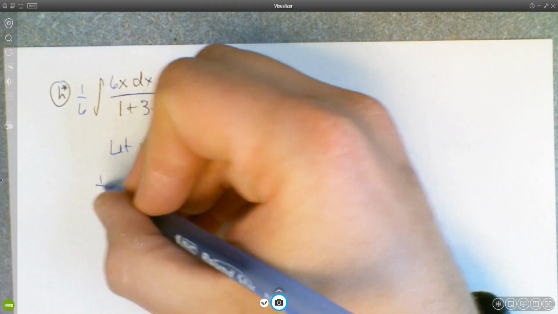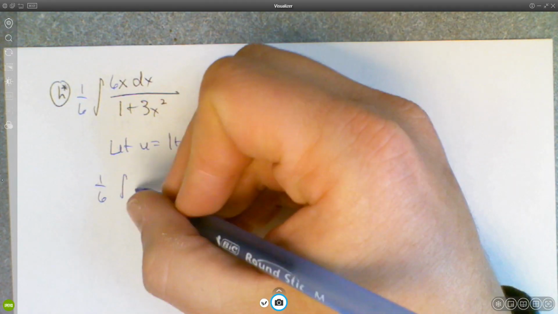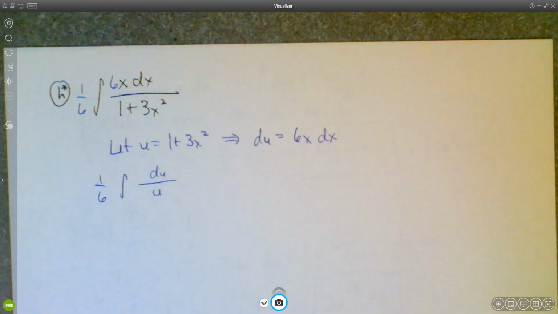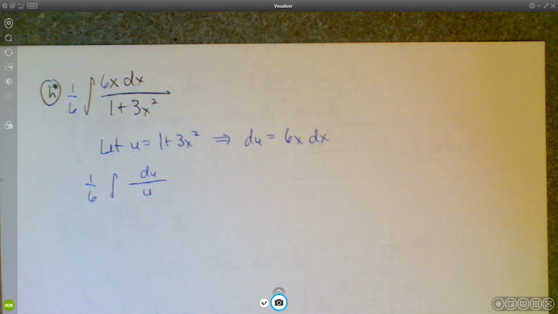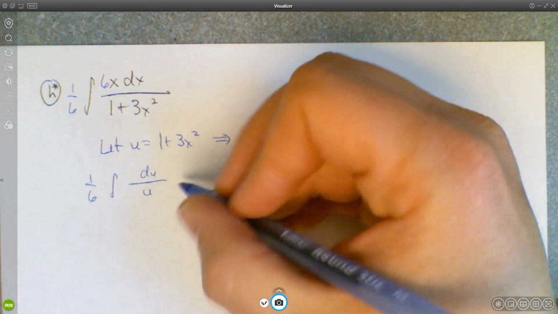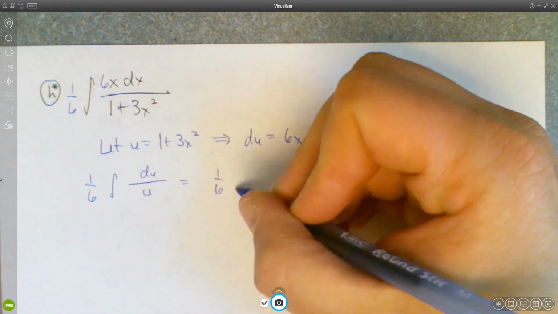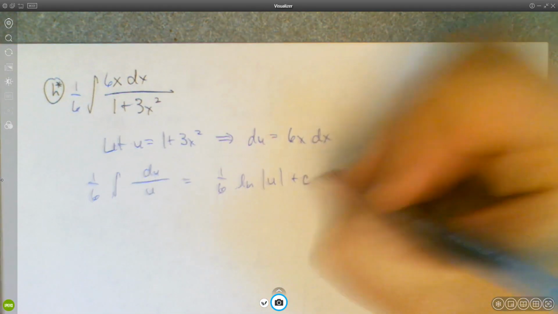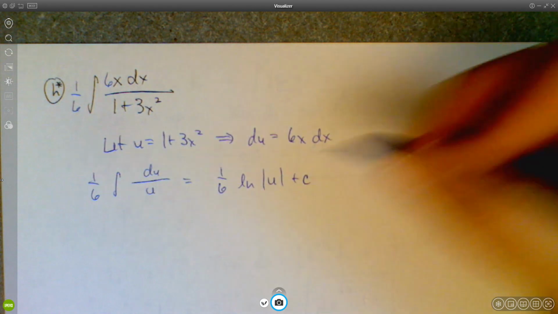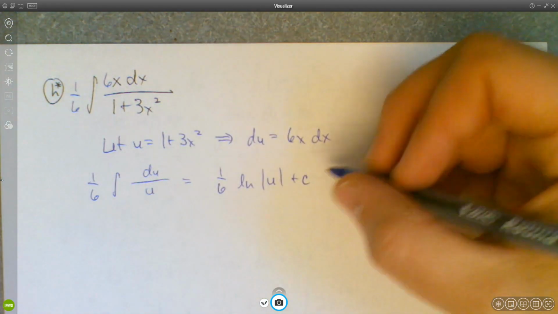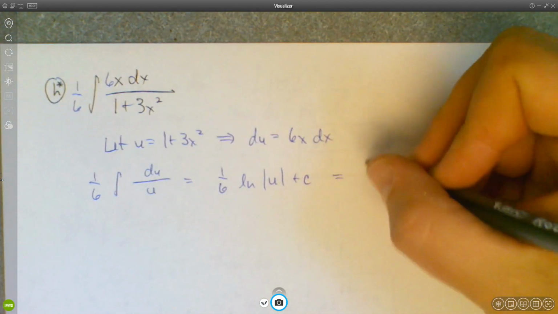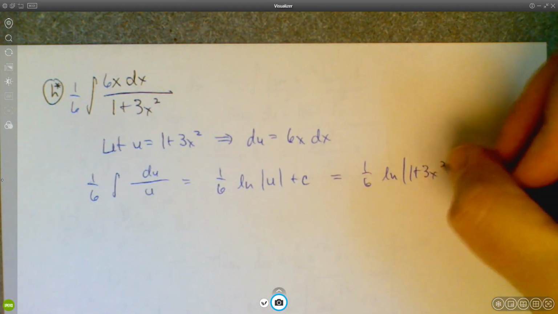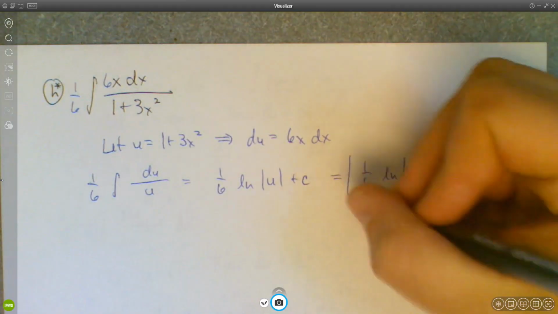So I would end up with 1/6 times the integral of du over u. Antiderivative of 1 over u is just ln of u, right? So this would be 1/6 times the ln of absolute value of u plus c, where u is just 1 plus 3x squared. So that would be not too bad. Right, that would be that one.